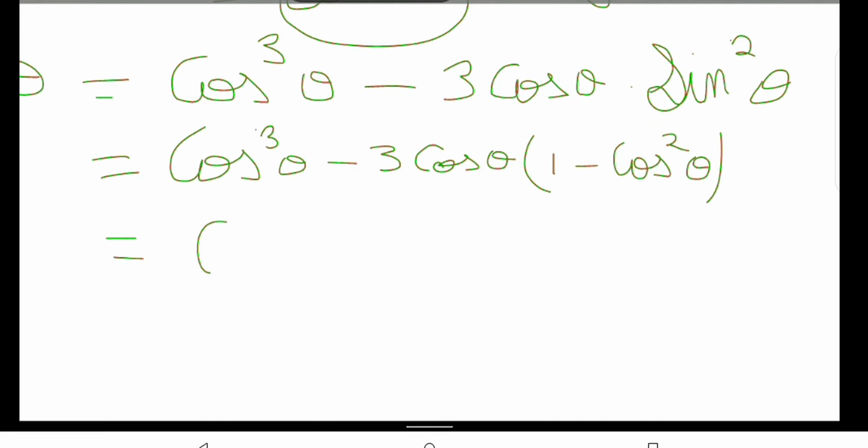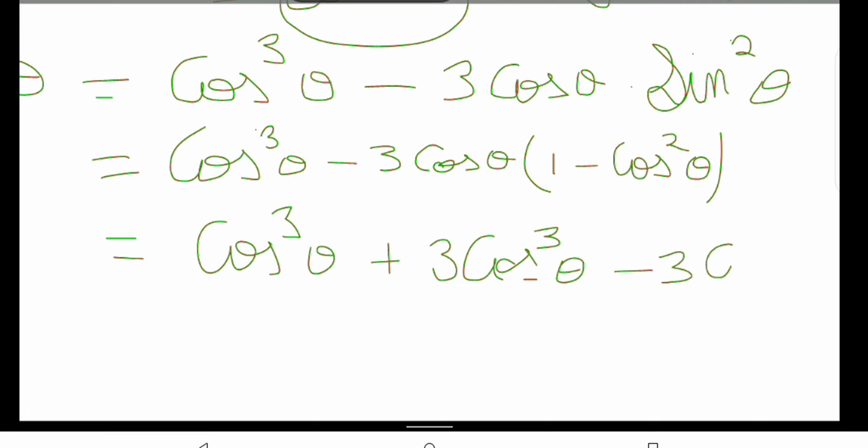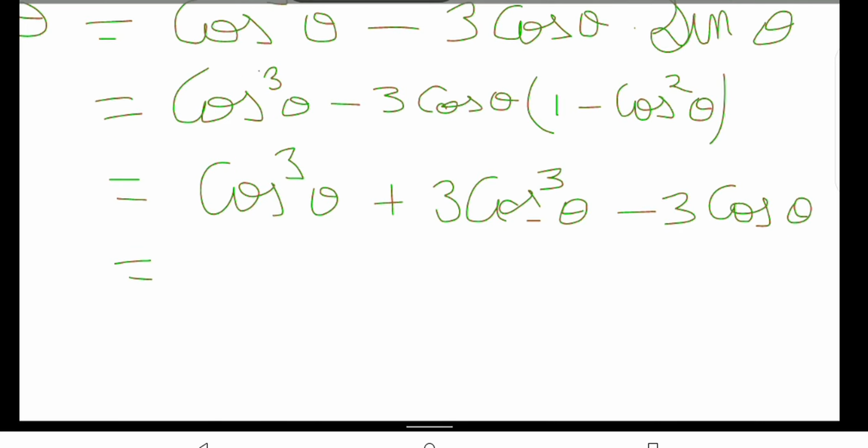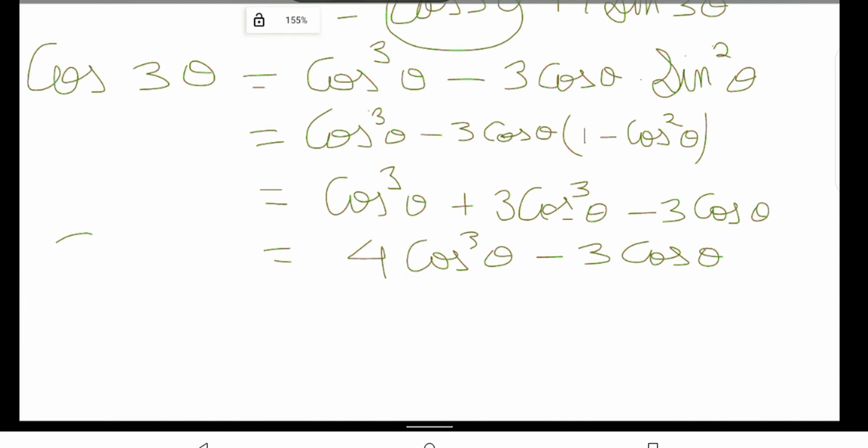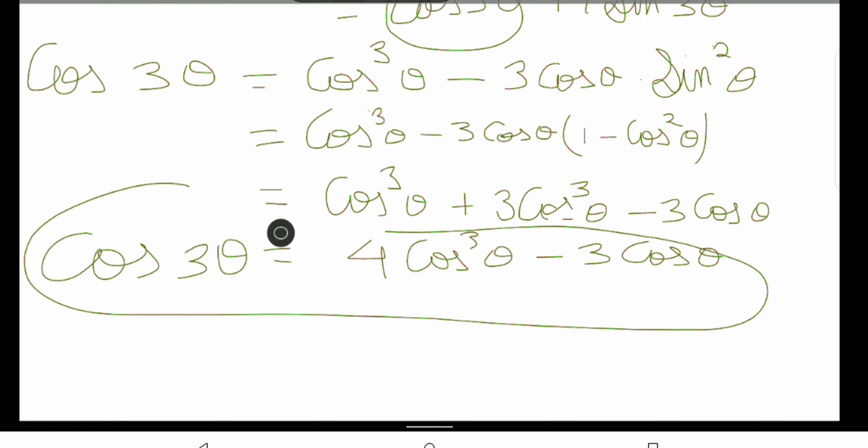That's equal to cos cube theta plus 3 cos cube theta minus 3 cos theta. Once again, that's equal to 4 cos cube theta minus 3 cos theta. So we have proved that cos 3 theta equal to 4 cos cube theta minus 3 cos theta.